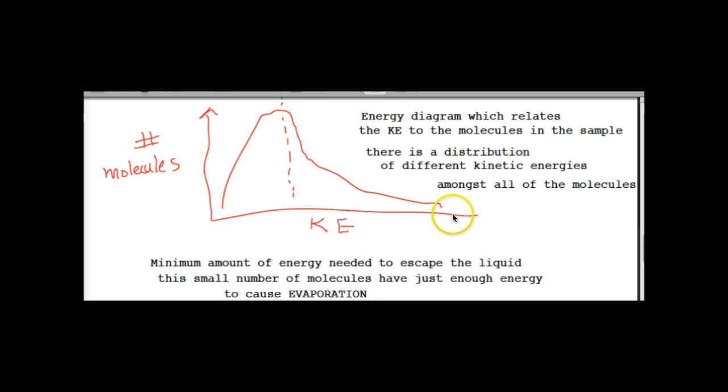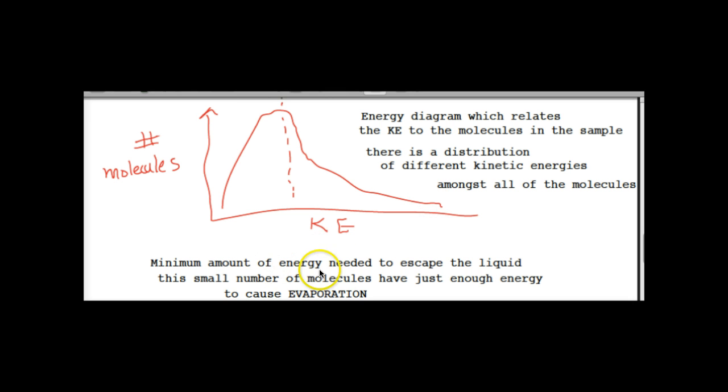So we're to the point where we should understand that there's a minimum amount of energy needed to escape the liquid. And it happens that the minimum amount of energy is with these few molecules over here that happen to have high kinetic energy for this particular sample of molecules.